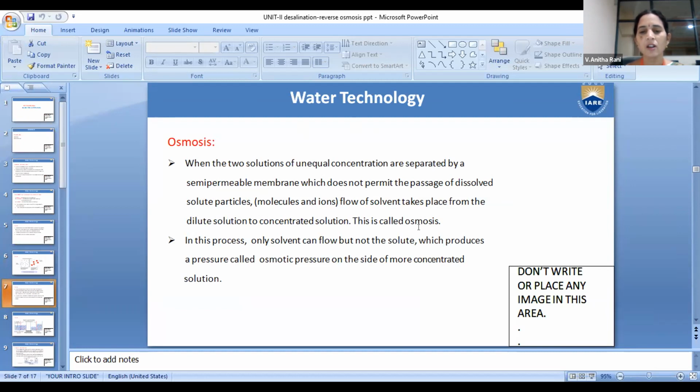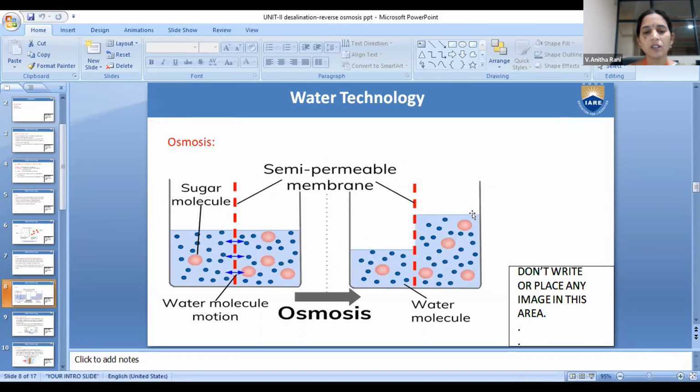Only solvent can flow, not solute, which produces a pressure called osmotic pressure on the side of the more concentrated solution. In the other diagram, the solvent flows from dilute to concentrated solution.